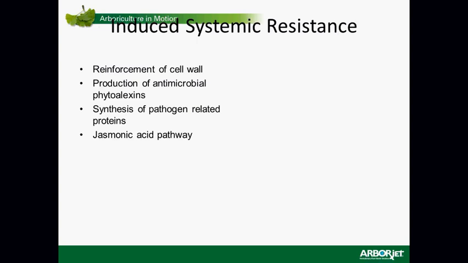You may be familiar with systemic acquired resistance, SAR, and that's a different pathway. That's a salicylic acid pathway, but the results are the same. It's basically taking sugars that are in storage for defense and turning them into antimicrobial compounds to defend the plant. And some of these endophytes do that.